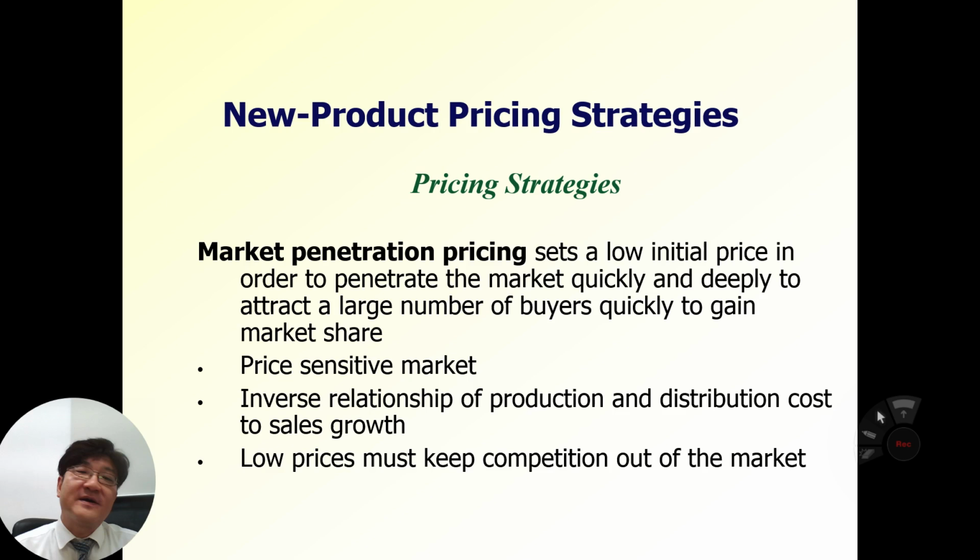So even if you decrease the price, you can secure a certain level of profit because you also have lower cost. That is based on the learning curve. That is the philosophy behind getting profit by volume. In Korean, we call it 박리다매.